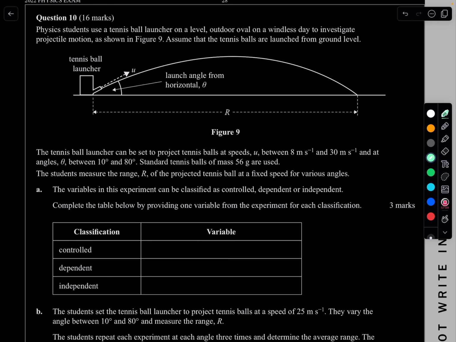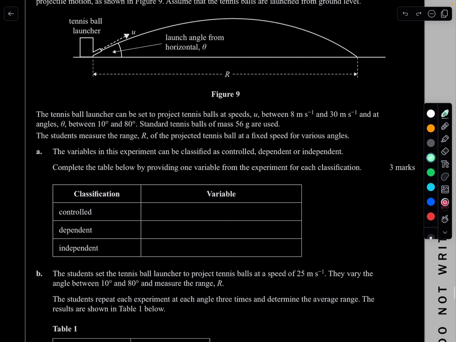Basically, easy. A control variable is the variable that's not changed. In this example, it's the mass of the ball, because it's fixed, as it states. The dependent variable is the variable that we're measuring, and it changes due to the independent variable. So what are we trying to measure?